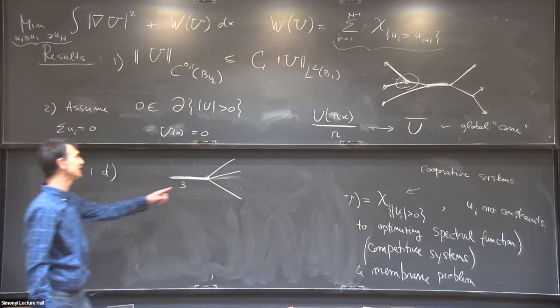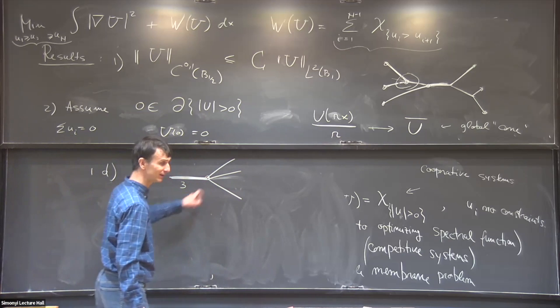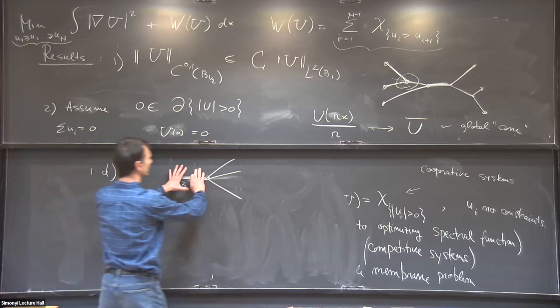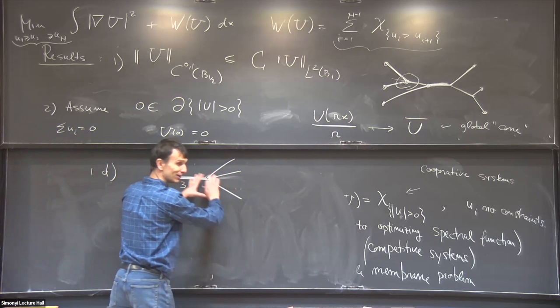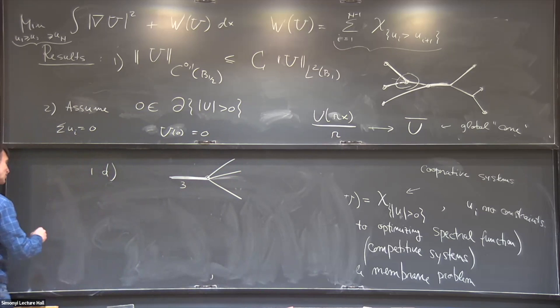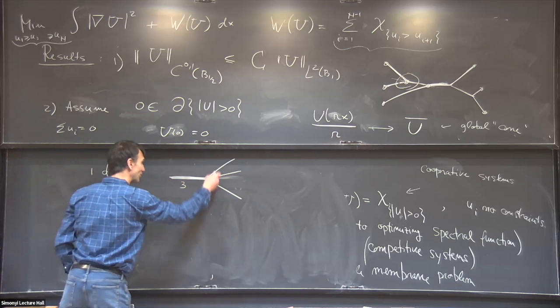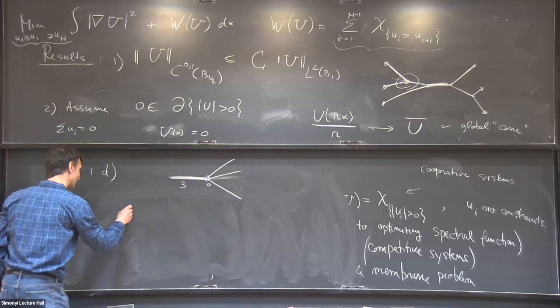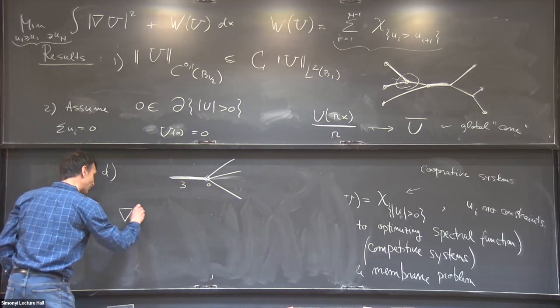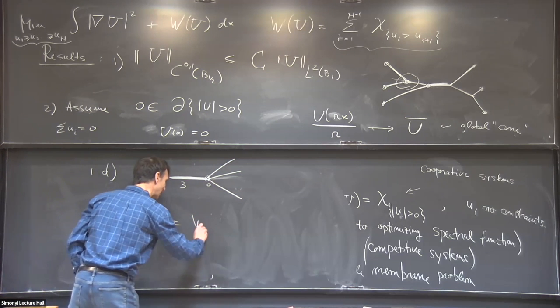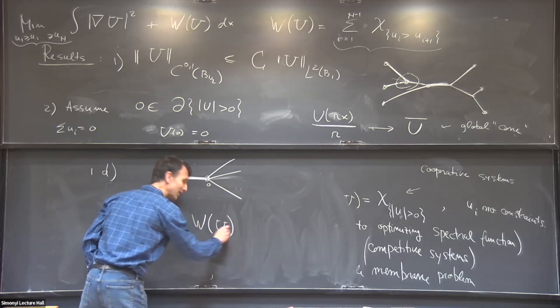So what is the Euler-Lagrange equation at this point? If I just do domain deformation, so if I look at the graph and I'm just moving the domain deformation, the Euler-Lagrange equation says at such a point, when I look on the right, the gradient of U squared has to be equal precisely to W of U. Yeah?